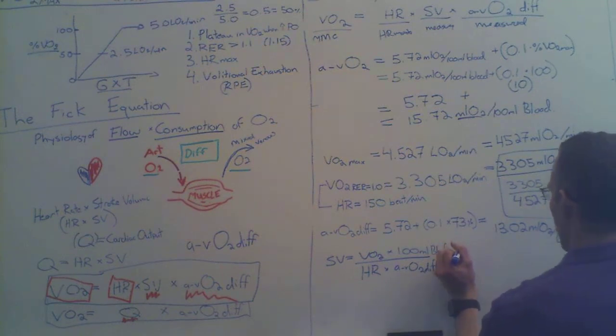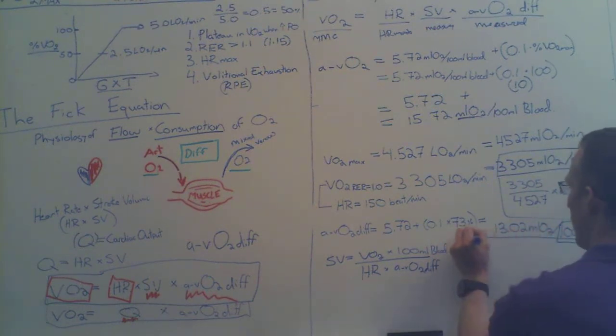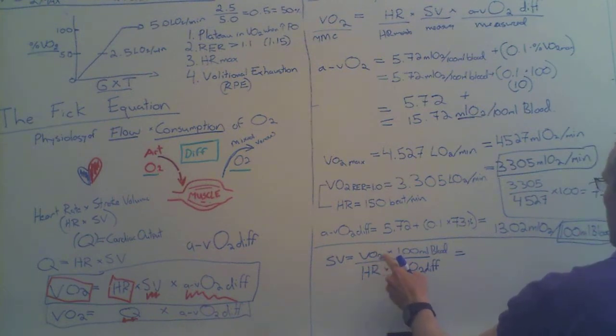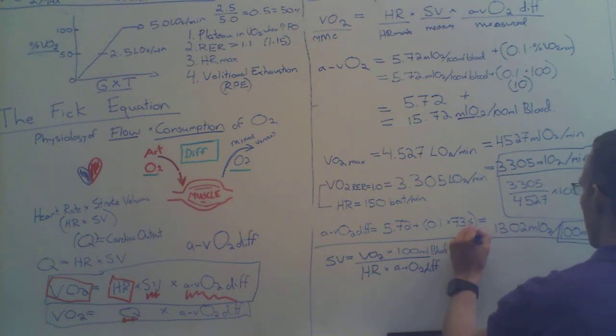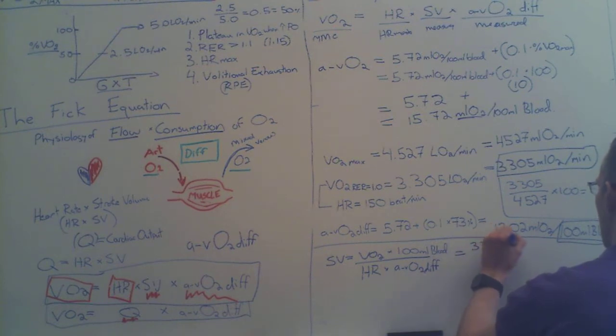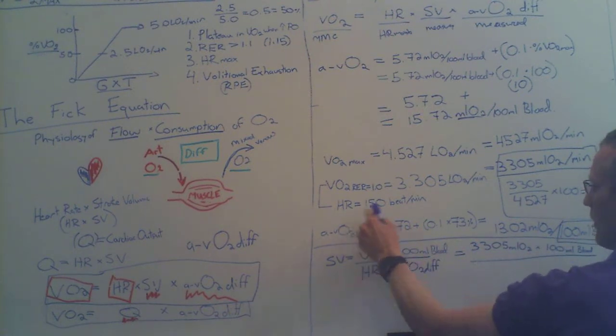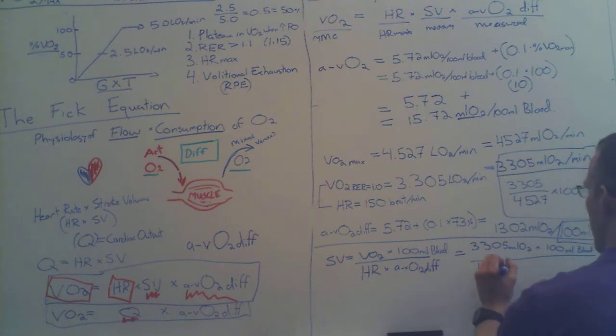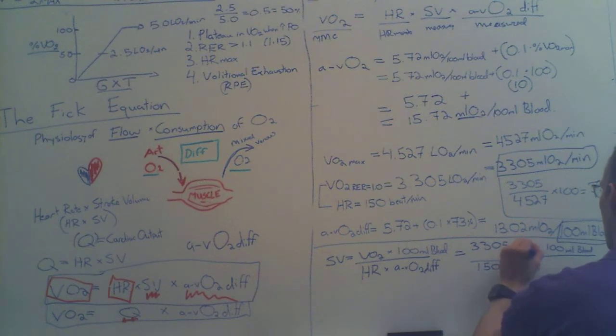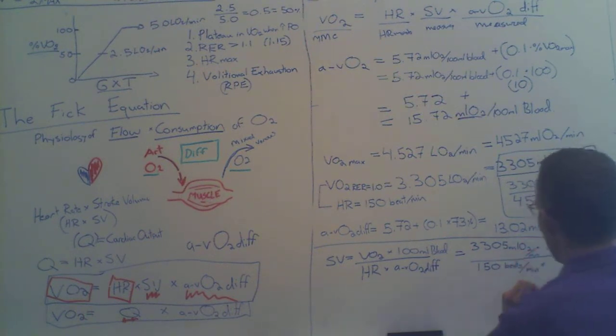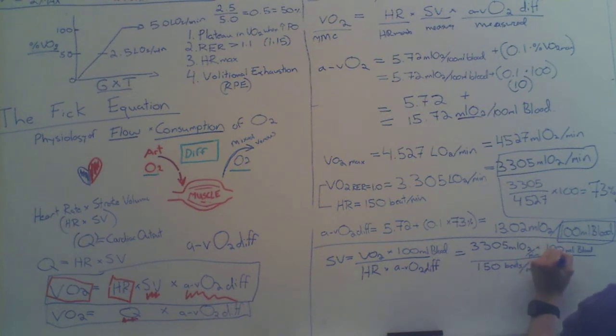So if we use our information thus far, stroke volume is going to equal 3,305 milliliters of oxygen times 100 milliliters of blood divided by the heart rate of 150 beats per minute times the AVO2 difference of 13.02 milliliters O2.